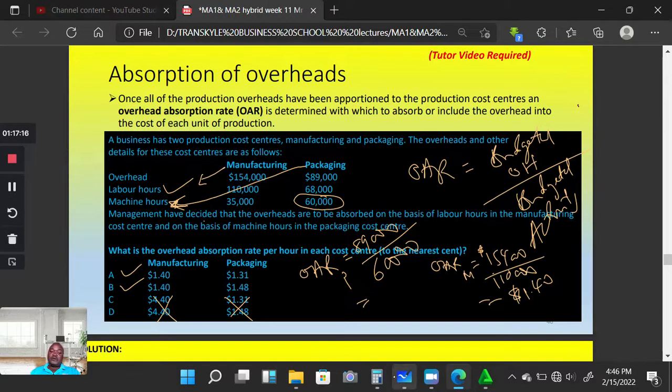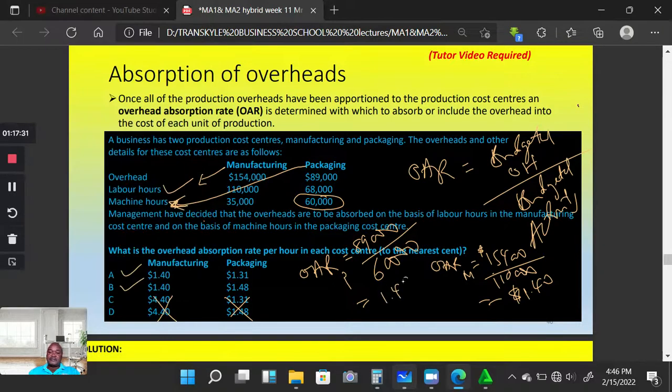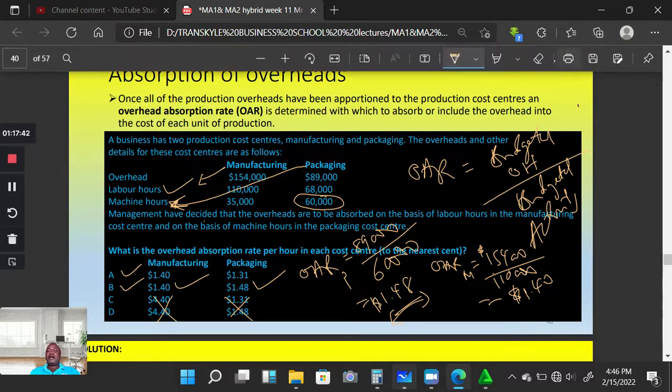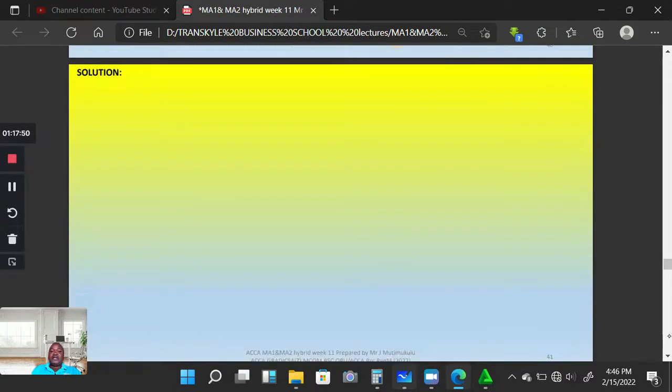So if we use our calculator, we can see that it's 89,000 divided by 60,000, and that's $1.48. So you can see that our answer is B. So B has become our answer. Okay, we're done with this one.